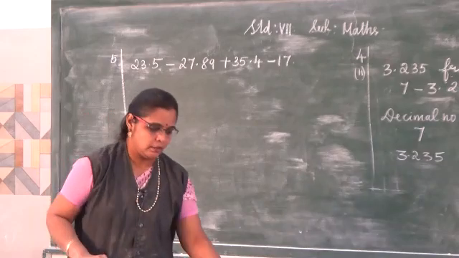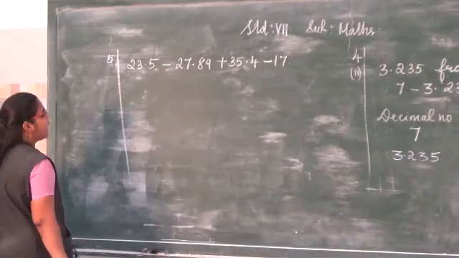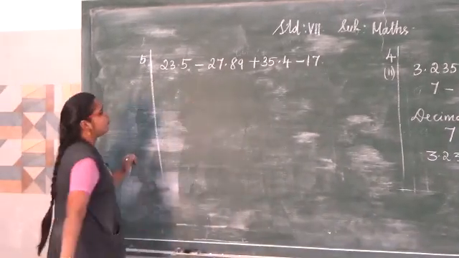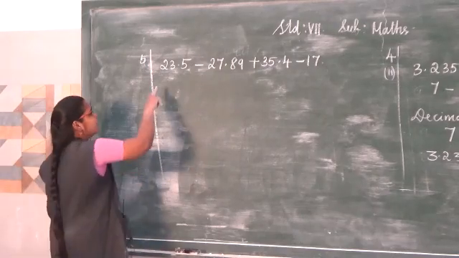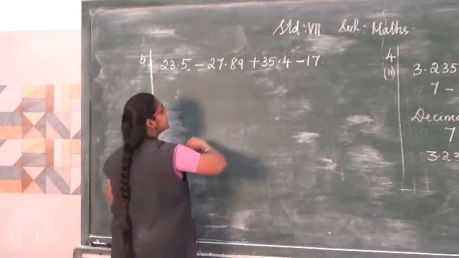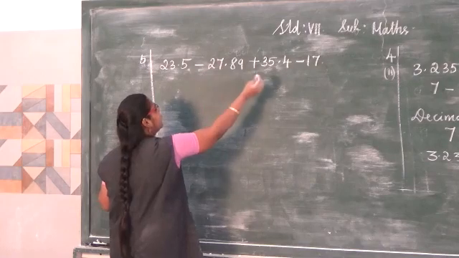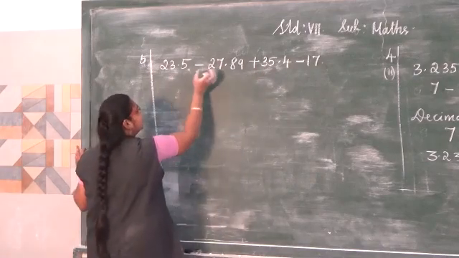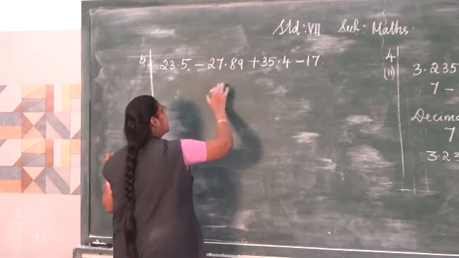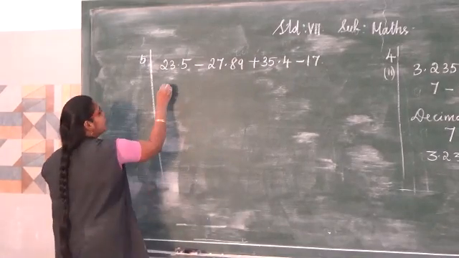So now we have to simplify this problem. So first thing, you group the plus and then you group the minus, and then you do the simplification.